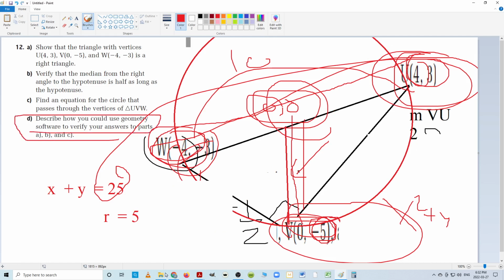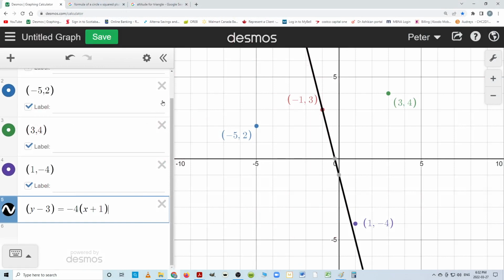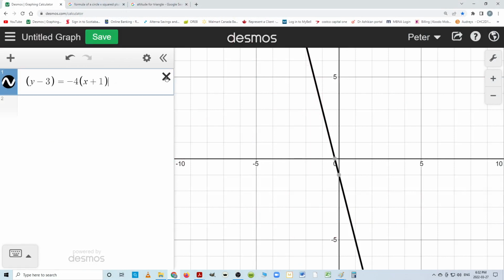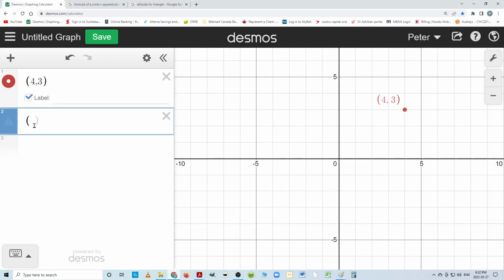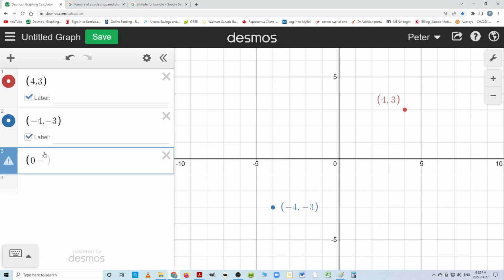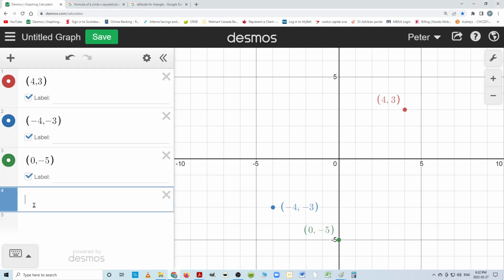So it would be like this. And then I put in the formula for my circle.